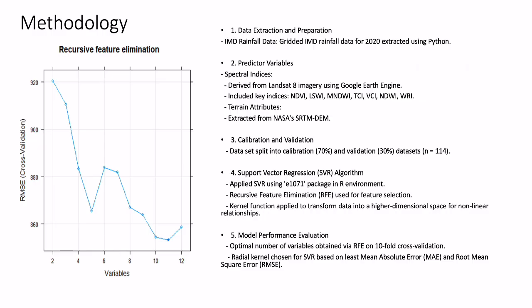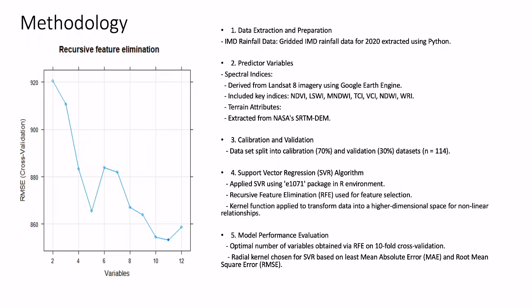So the next step is to create a machine learning model, for which we have already selected features as discussed in the previous slide. Now after data extraction and preparation comes the part of prediction. For predicting, we have used data derived from Landsat 8 imagery using Google Earth Engine, GEE, that is a GCP service, and we have extracted terrain data from the SRTM DEM from NASA.